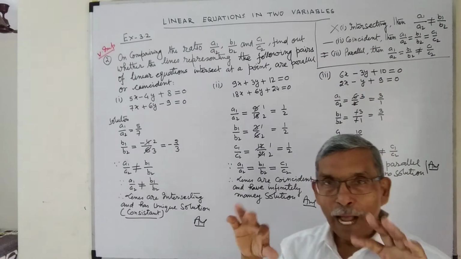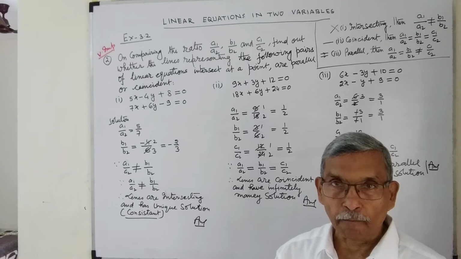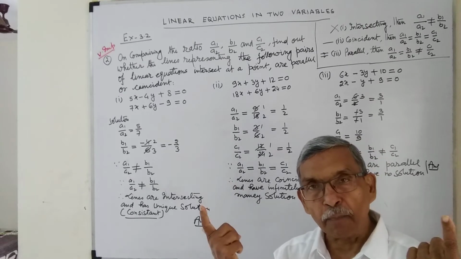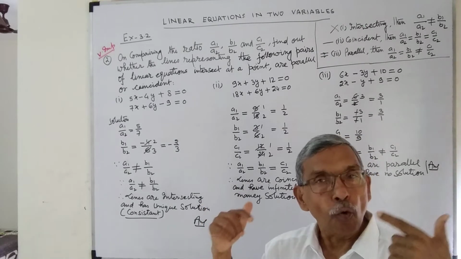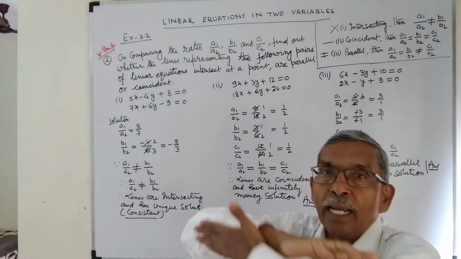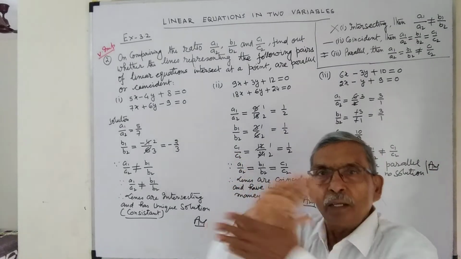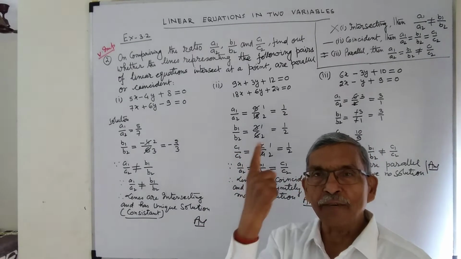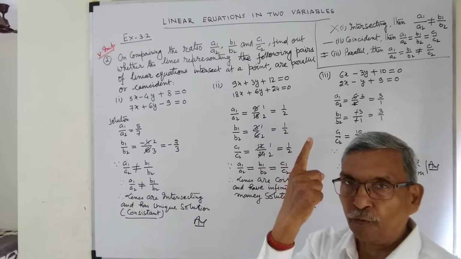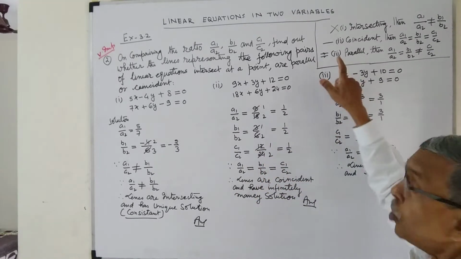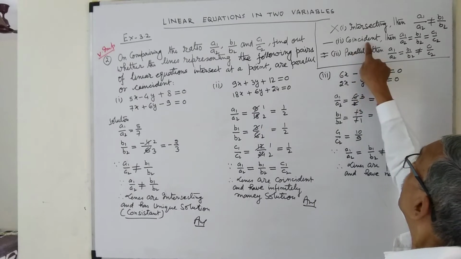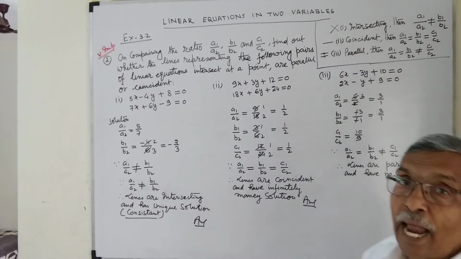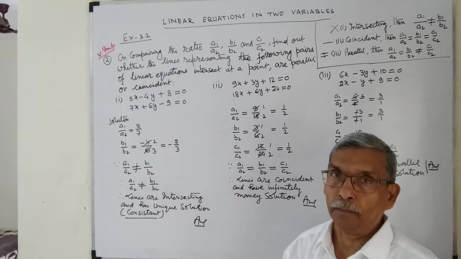Means it will appear that we have two equations, but basically it is representing one equation. We may call it that the lines are overlapping, but in fact they represent the same line, the same equation. So the line is coincident and it has many solutions.